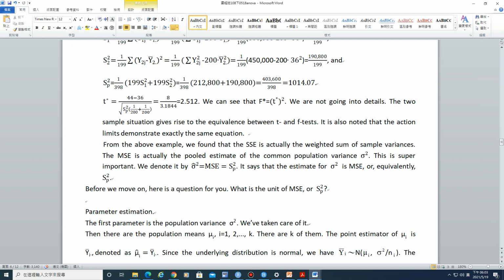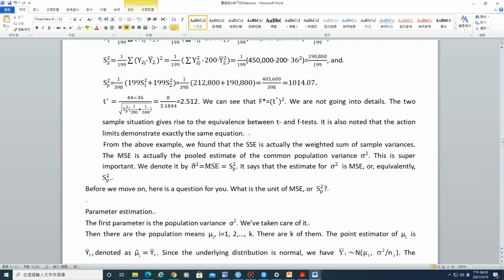After the preparation of the ANOVA table, here comes the topic. We want to estimate the parameters. Now remember, what are the parameters?